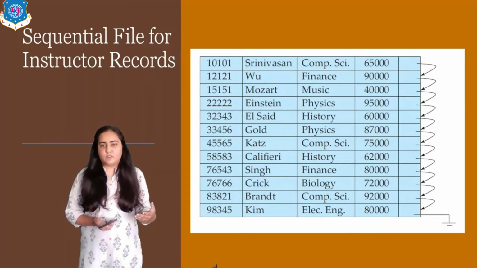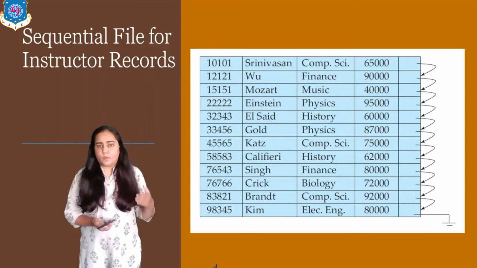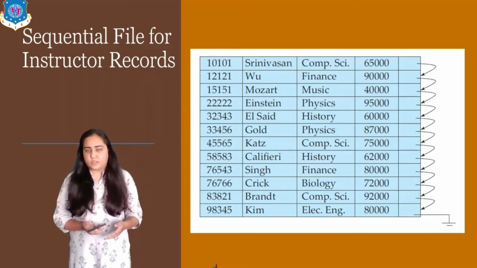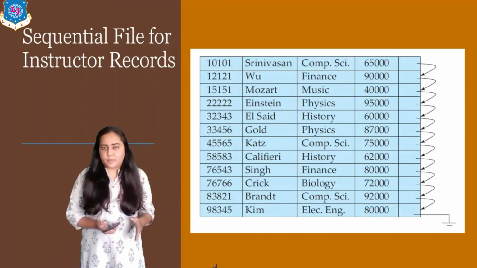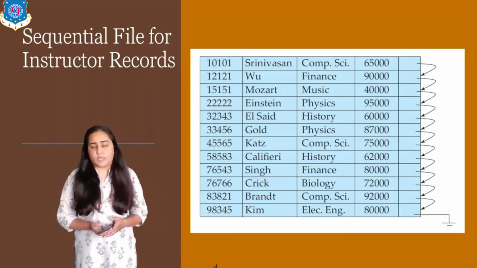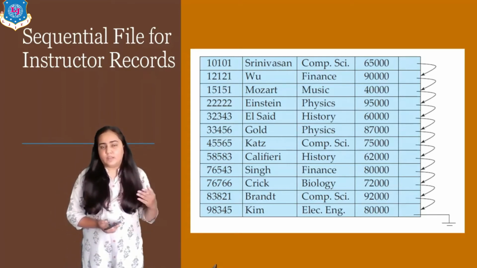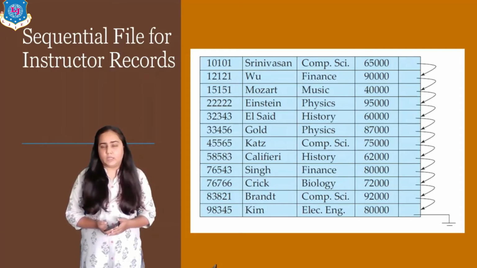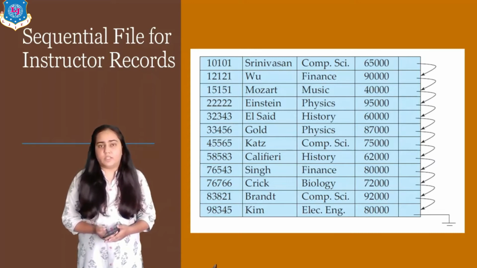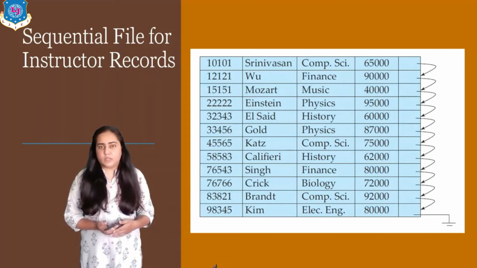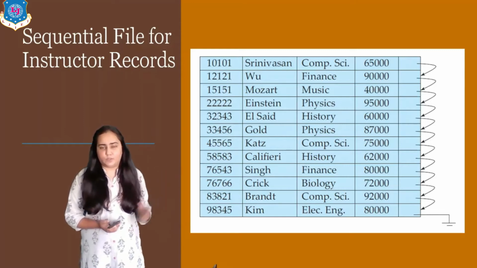And at this time, it's even more difficult because when it tries to search for a particular instructor, it needs to go through the addresses of all the records and then match the given ID with the IDs in the table. And if it matches, then return the result. And it's also possible that the ID given does not match at all. Then in that case, you will not be getting anything as a response, and yet you would have to go through an entire table. And of course, in reality, tables are much bigger than what I'm showing you here.